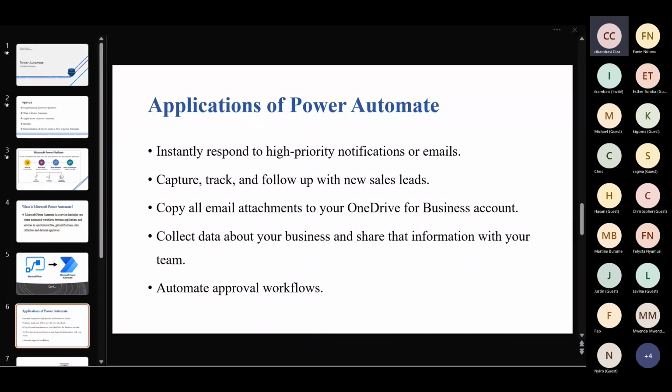For example, you can ensure that any file added to your Dropbox is automatically copied to SharePoint where your team can find it. Also, you can use Power Automate to collect data about your business and share that information with your team. And you can use it for approval workflows.